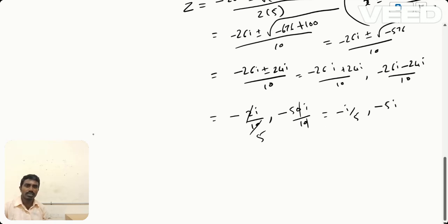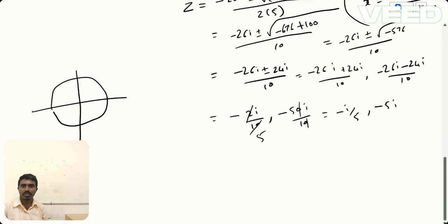So here both are simple poles. I already told here C is a unit circle. So in the unit circle, minus i by 5 lies inside and minus 5i lies outside.